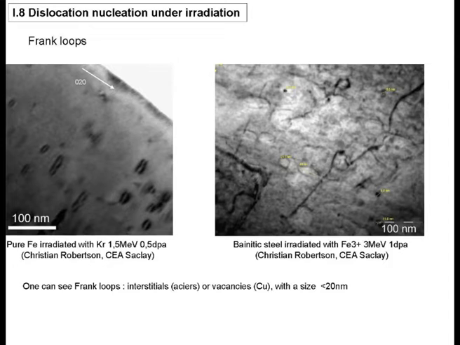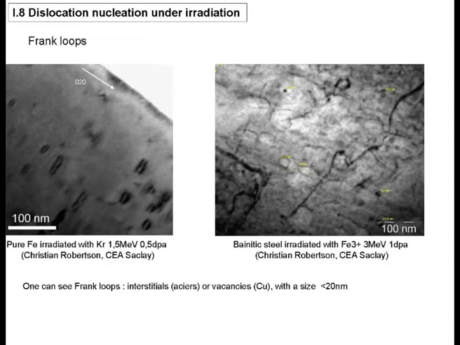And those are Frank loops. They could be made of interstitials, mainly in steels, and I will show you what that means. In some other materials, like copper, it's more like vacancies. It is not clear today why in some cases you have more vacancy loops and in others more interstitial loops, because theoretically you should have both.